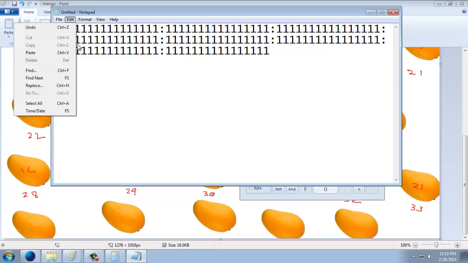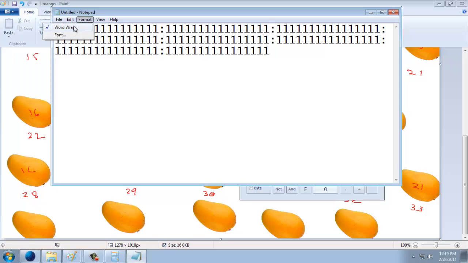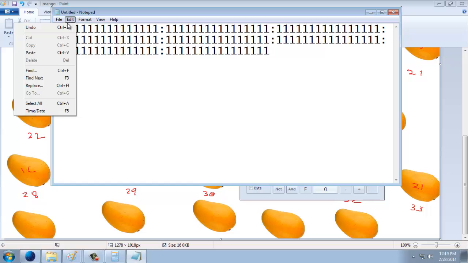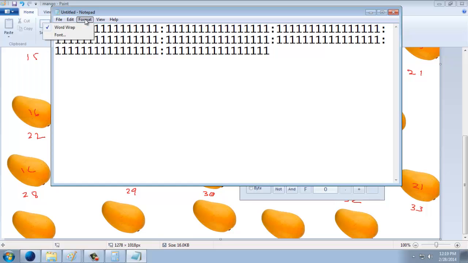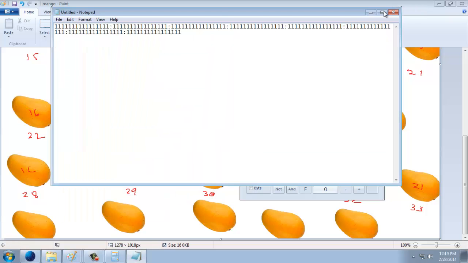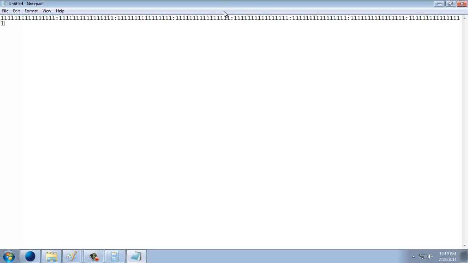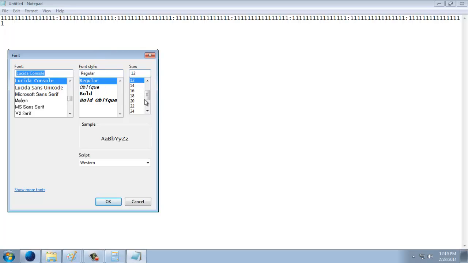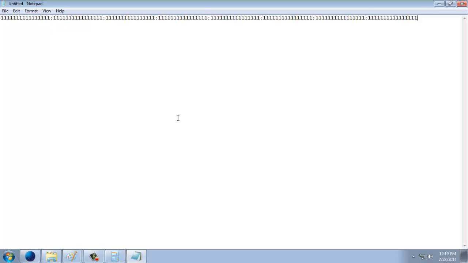You will just make the font a little bit smaller so that we can try to make everything in a single line. Edit, format, font, make it 12. Too small. Okay, 128 bits.